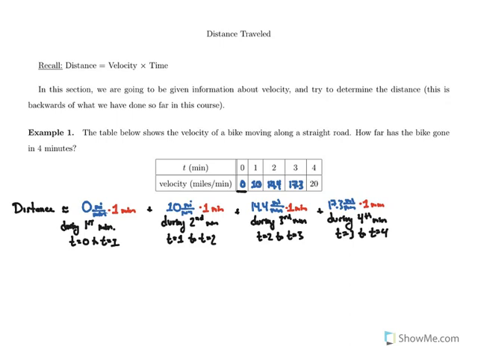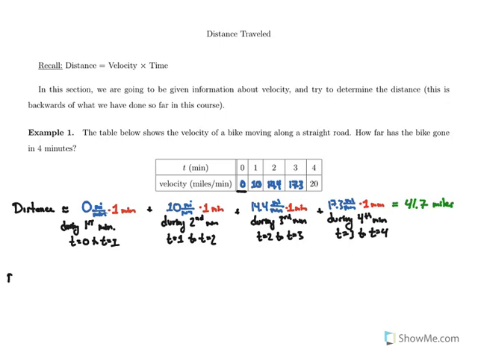First of all, note that if we did add all of these up, we would get 41.7 miles. Note that the minutes cancel out in each of those, so we're left with miles in all those calculations. But that is not the only way to go about this.